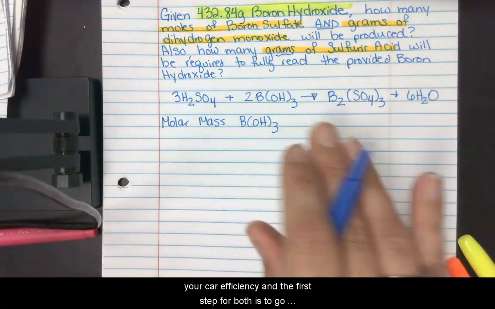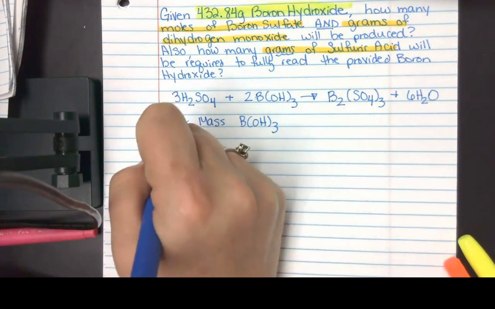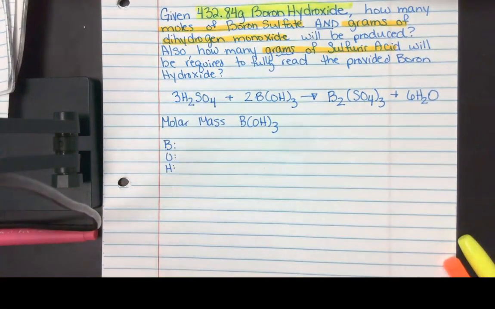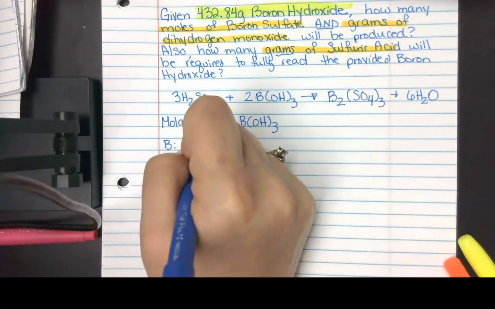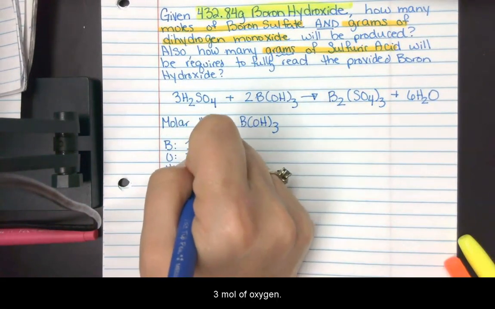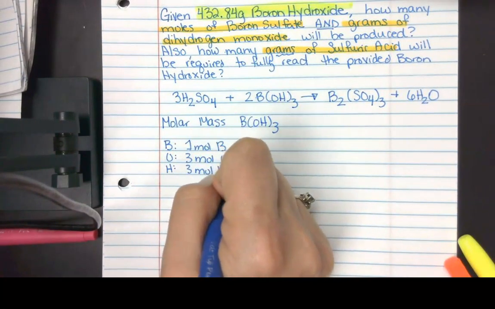And the first step for this is to break it apart. We have B, O, and H. For the B, we have 1 mole of B. We have 3 moles of oxygen. And we have 3 moles of hydrogen.